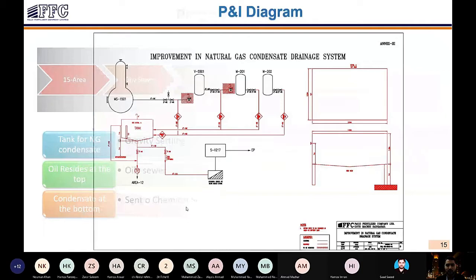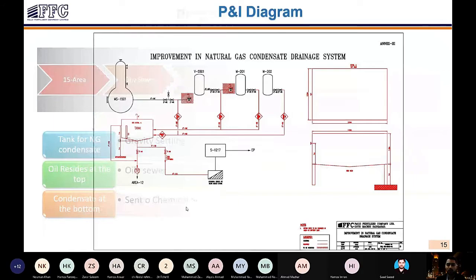It is now diverted towards the new tank, where it settles. We provide the settling time, and the condensate from the bottom is sent to the chemical sewer, while the oil is sent to the S-pipette, that is called the oily sewer, and is handled in 12 area as previously.